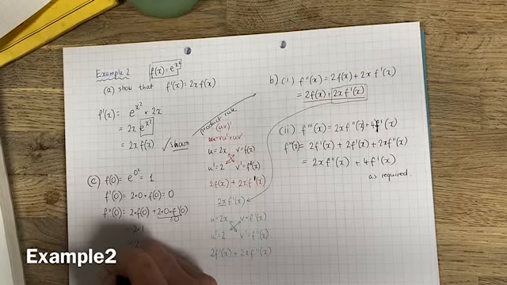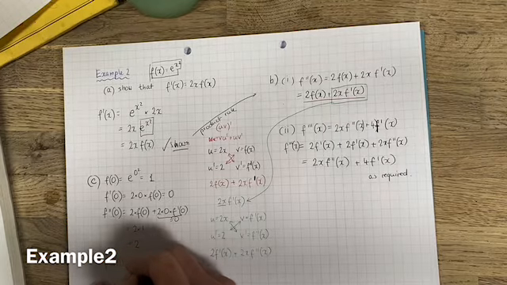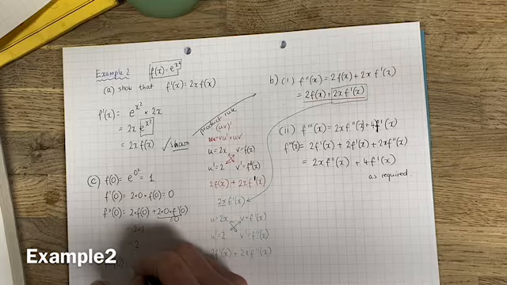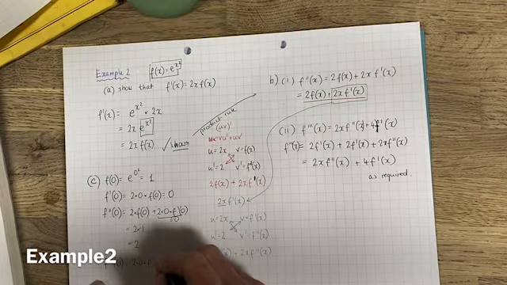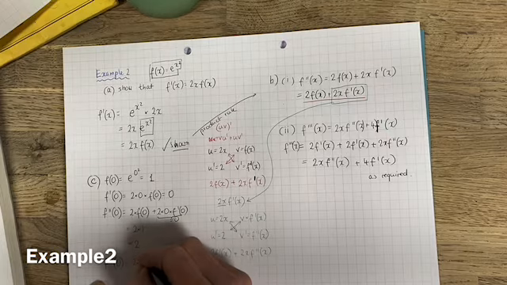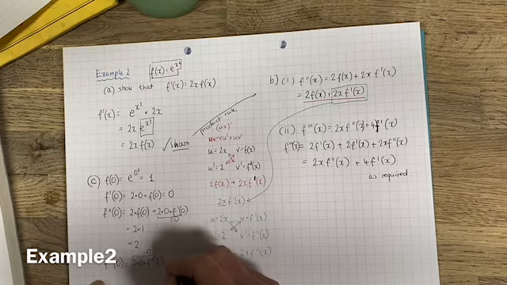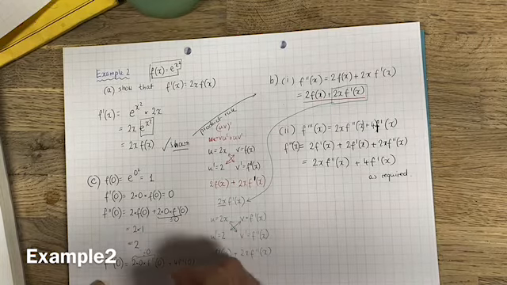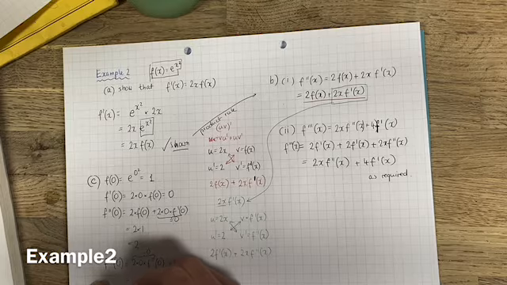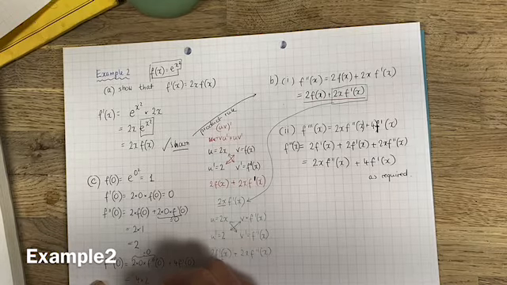F triple dash of 0, which is 2 times 0 times f double dash of 0, so that just goes to 0, plus 4 times the first derivative evaluated at 0, so this is going to be 4 times 2, which gives me 8.